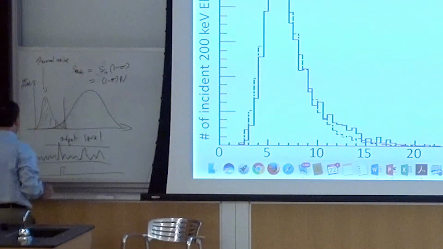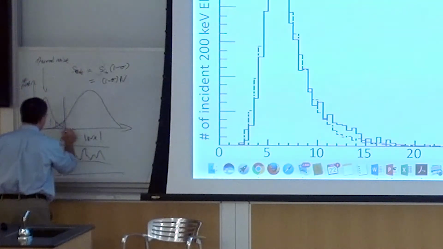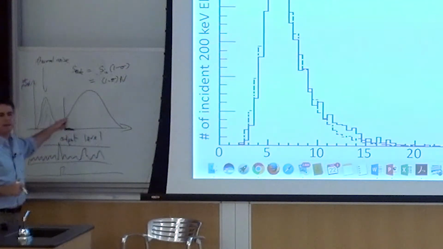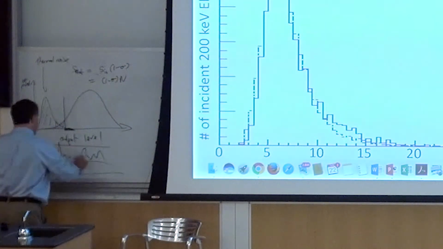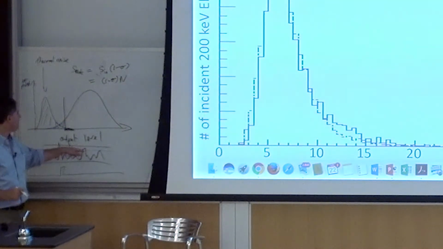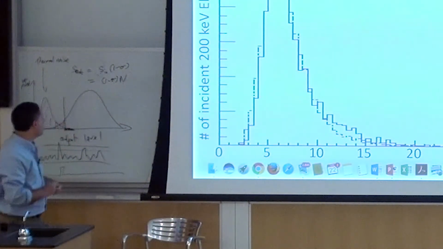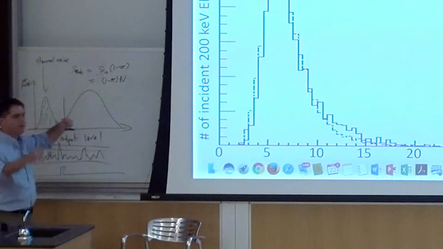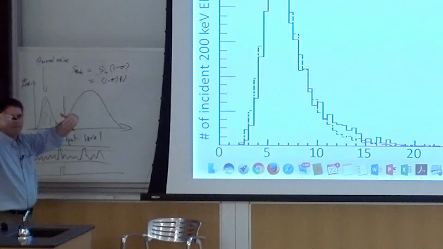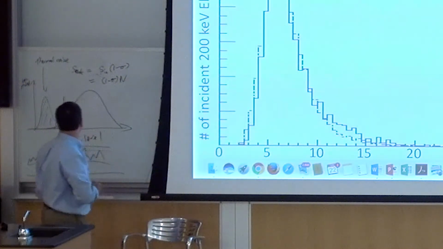There's a second problem. There's this little bit of a tail over here, which is the noise that managed to sneak in. Here's some random noise. If my discriminator is just a little bit lower down, this might be a piece of random thermal noise that I'm going to miscount as an electron. So you actually get to add a noise term in the noise part of the denominator.